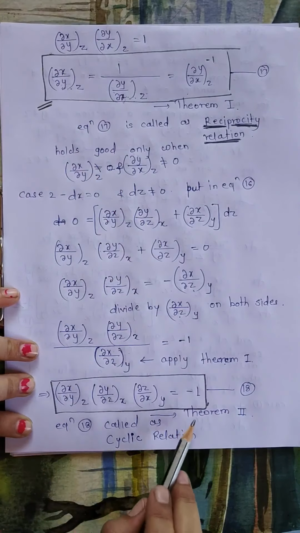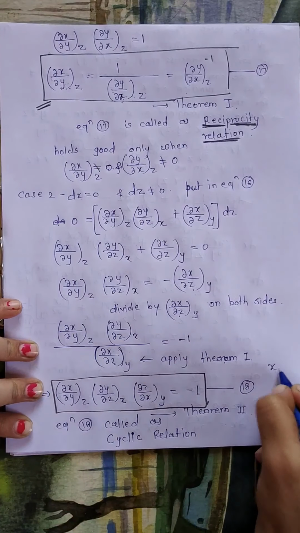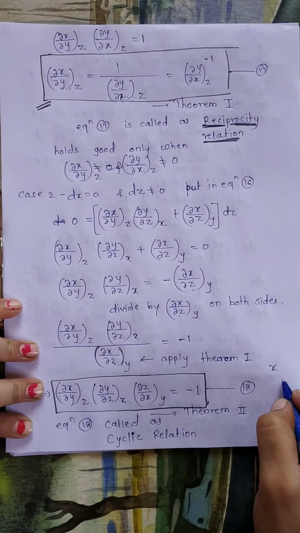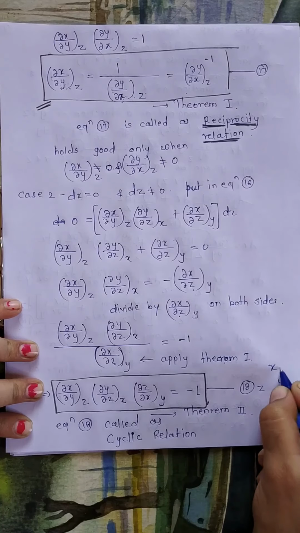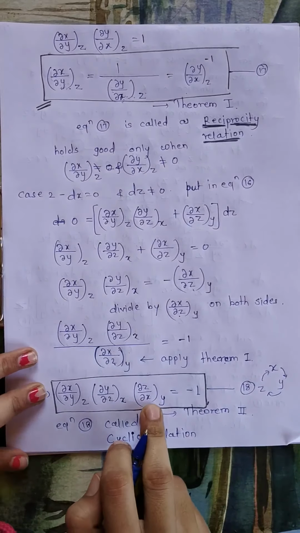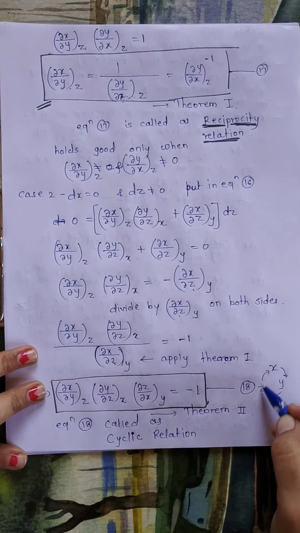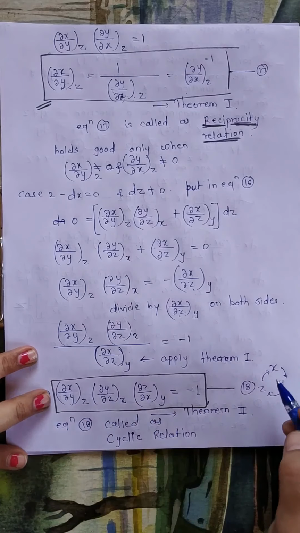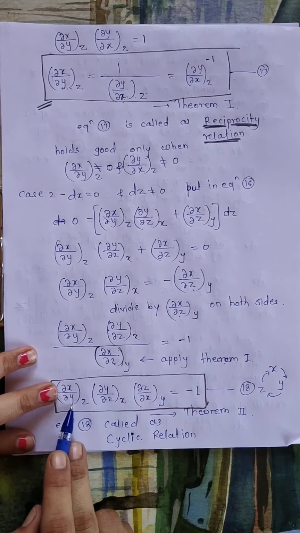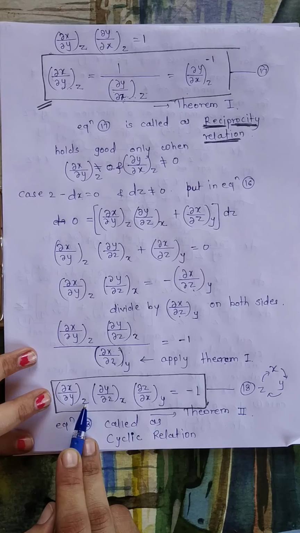And why is this relation called a cyclic relation, let me explain. x, then y and z. If you observe equation 18, the cyclic order is maintained in this equation. See here, after x there is y, and after y there is z. So they have maintained the cyclic order.